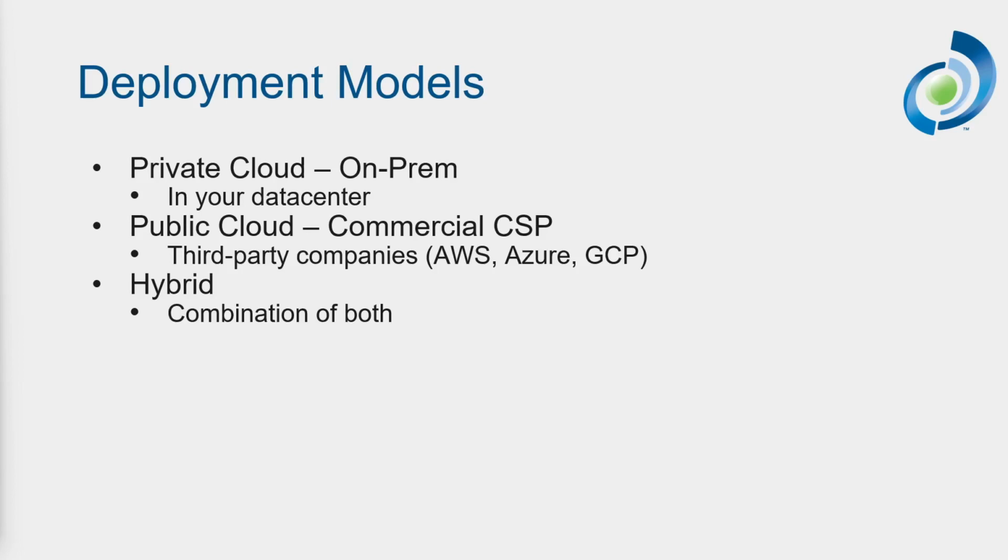And then the next one that we talk about is a public cloud. This is where we go into our commercial CSPs, third-party companies like Amazon AWS, Microsoft Azure, Google GCP. These are probably what we really think of more when we think about cloud nowadays. Some people are definitely still doing private cloud.